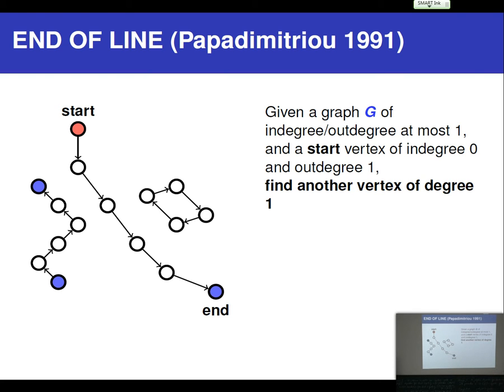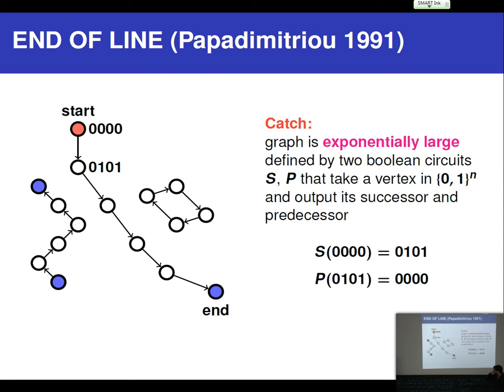But the catch is you're not. This exponentially large graph is given to us by 2 Boolean circuits, S and P. These are defined on bit strings of length n. Here, the start vertex is the all 0 bit string. And the way we check whether an edge exists or not is we compute S of a bit string.